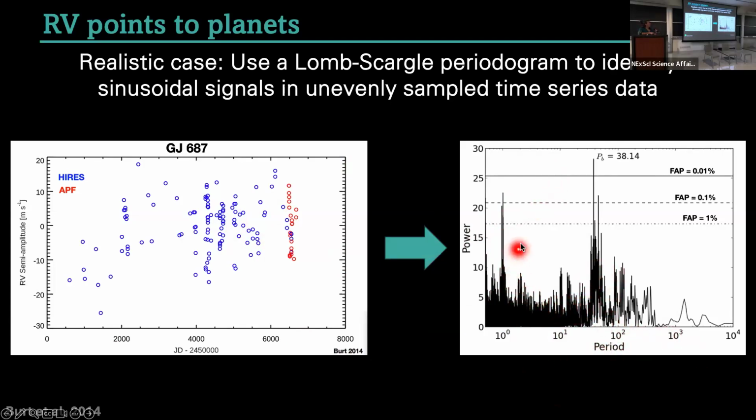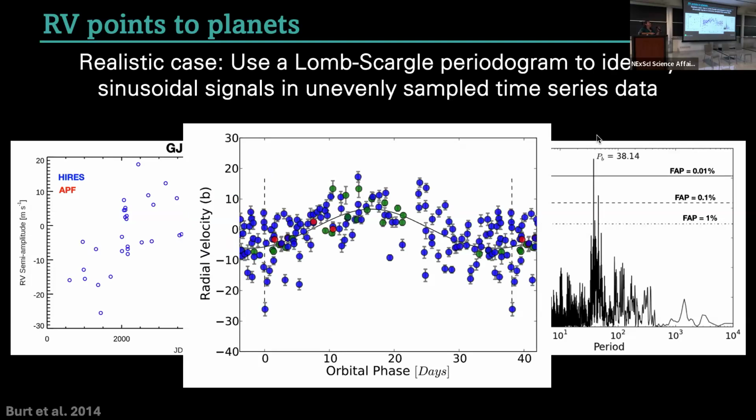You can see that things get a lot messier, a lot scruffier in our periodogram space, but we still have this nice signal at around 38 days that stands up as an independent peak that rises above the various thresholds we set for the false alarm probability, or FAP, which tells us that we think this is a real signal and not something caused by statistical alignment of our data points. If we take that period of 38.14 days and phase fold our data to it, we get, again, this nice alignment: here is the Keplerian curve that defines our planet, and here are all the data points that sit nicely along it.